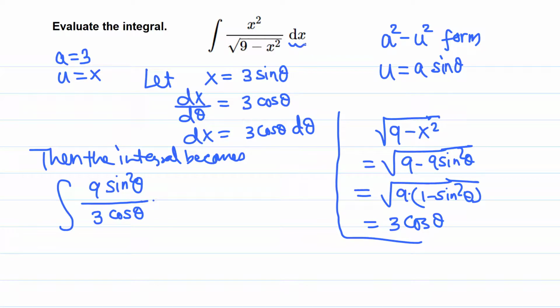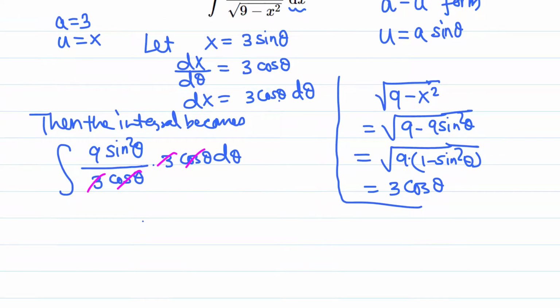And we now have dx, which was found to be 3 cosine theta d theta. Okay, now we can simplify. The 3 from top and bottom cancel. Cosine theta also cancels. So what is left is 9 sine squared theta d theta.